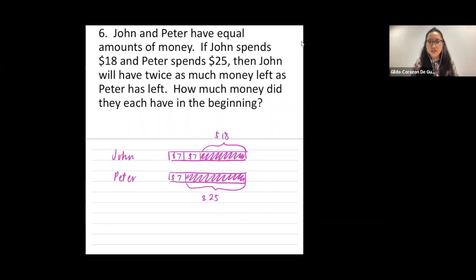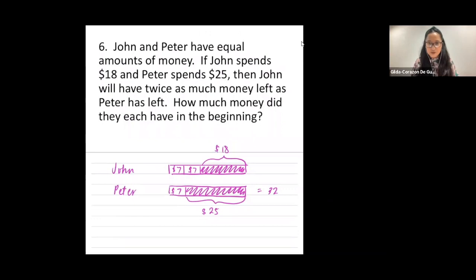So to answer the question, how much money did they each have in the beginning? You could probably say it's 7 plus 25, which gives you $32. Or you could also have a look at John's bar representation, and it says 14 plus 18, which indeed is $32 as well. So the answer to this is $32.